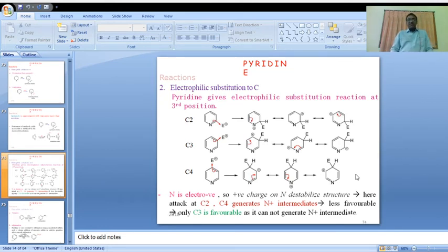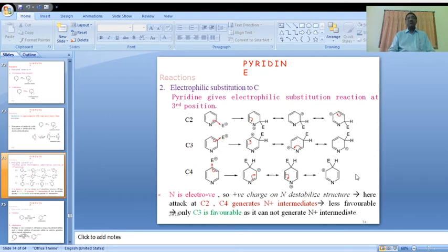These are the possibilities if the electrophile positively charged species attacks on C2, C3 or C4 position; we get these various contributing resonance structures.